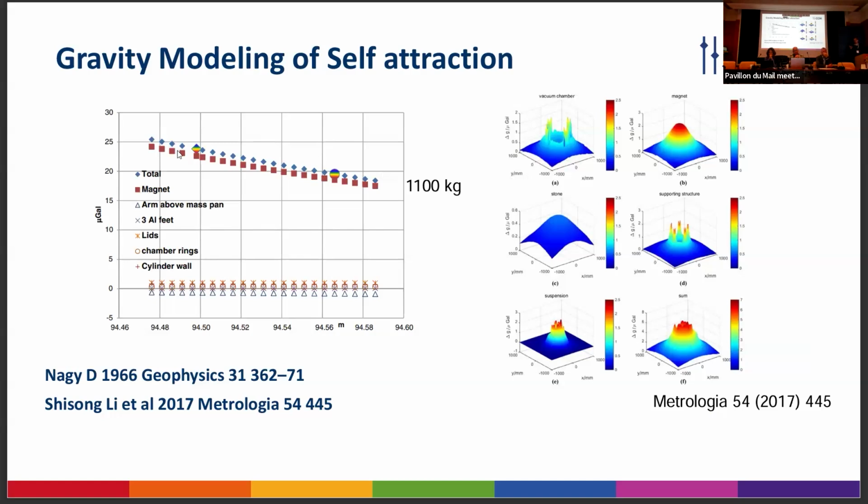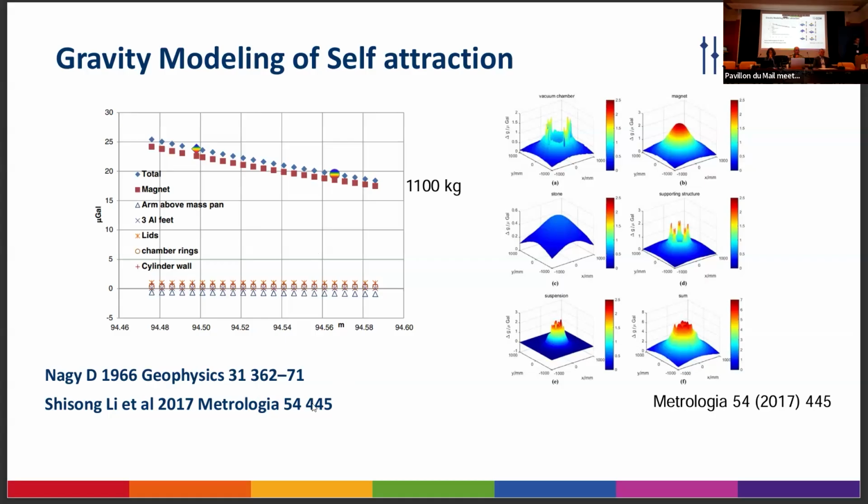So what you need to know is the dimensions of the balance, and the densities of the components, to figure out the distances between them and the contribution to gravity. As you can see, for us, our magnet is very heavy, and that's the biggest contribution. That causes about a 25 microgal shift from the balance-free gravity.